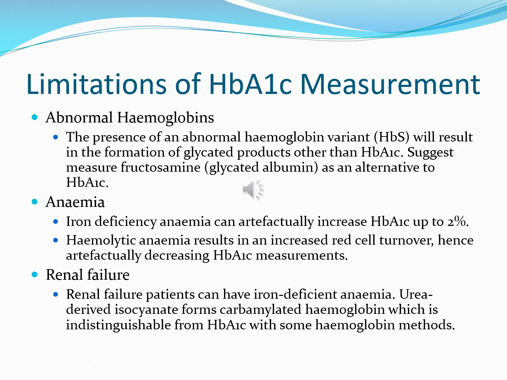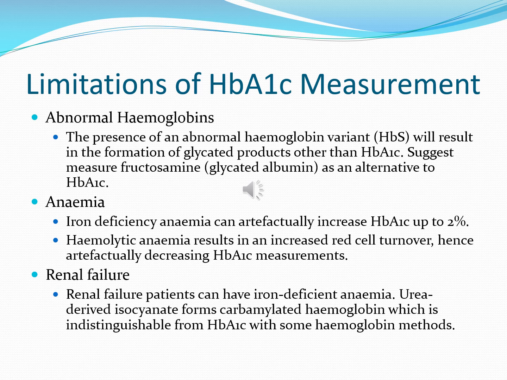Anemia, you can get iron deficient anemia that can increase HbA1c, and then hemolytic anemias which can artifactually lower HbA1c. And then renal failure, a couple of things that can affect the HbA1c. One is that these patients can develop iron deficient anemia.